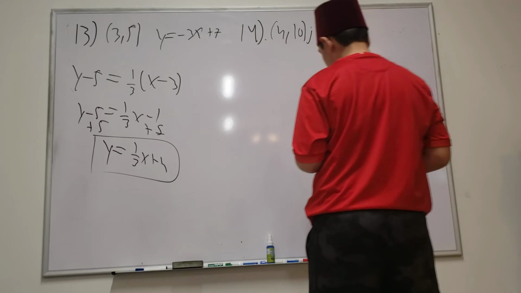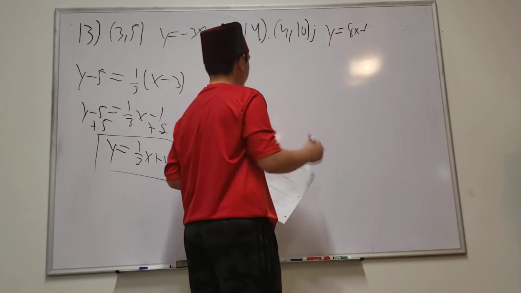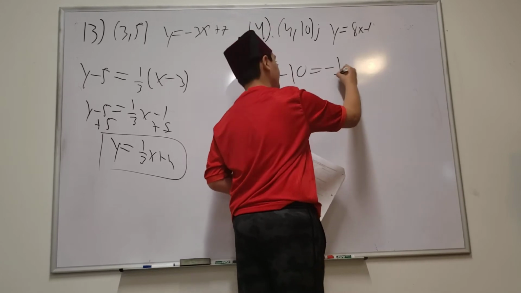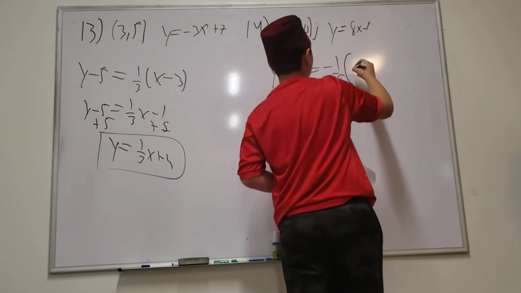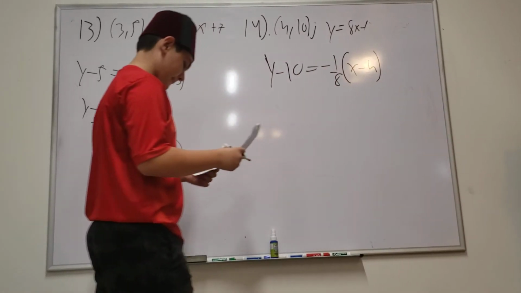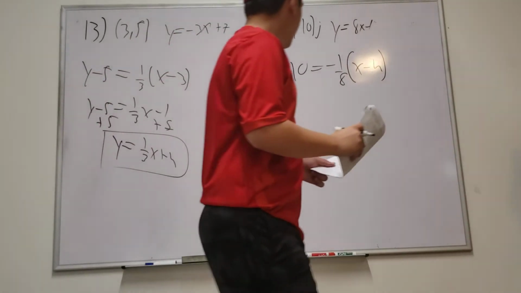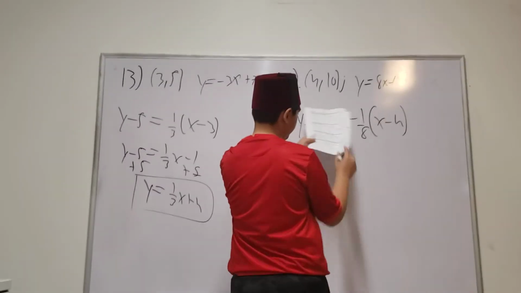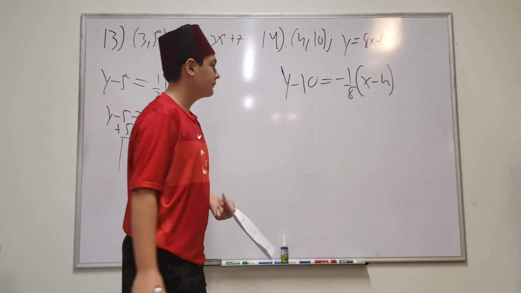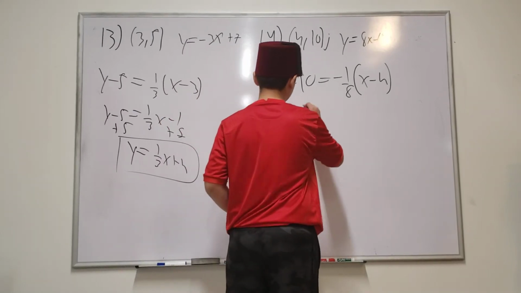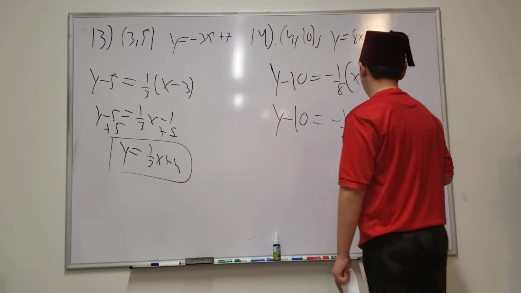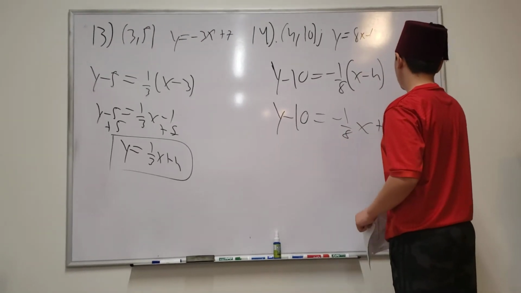Okay. So let's plug this into our point slope formula. So y minus 10 is equal to negative 1/8 (x minus 4). There we go. So we're going to distribute again the negative 1/8 to both the x and 4. So y minus 10 is equal to negative 1/8 x plus 1/2.